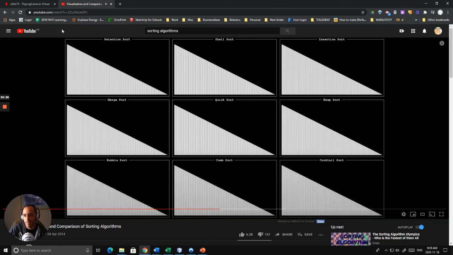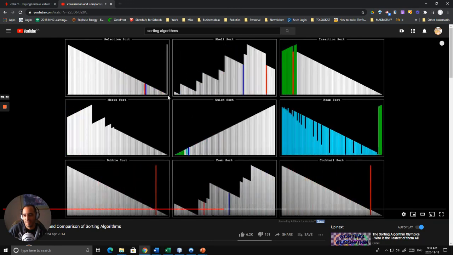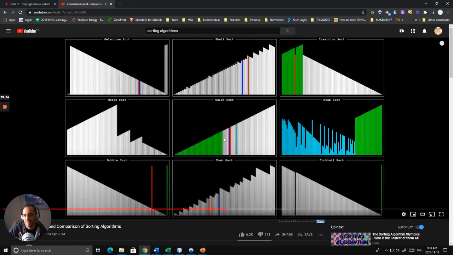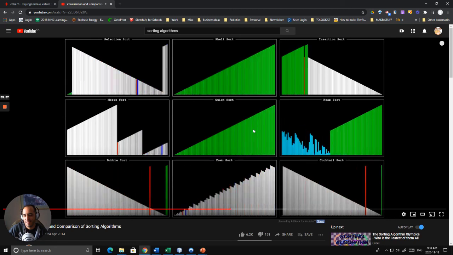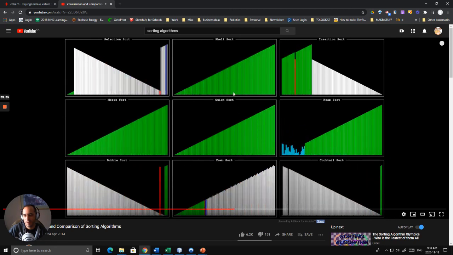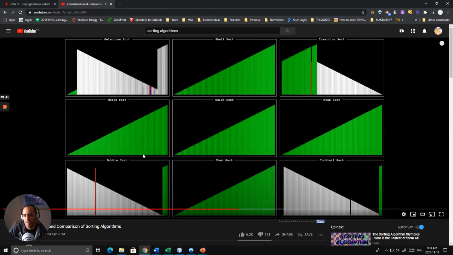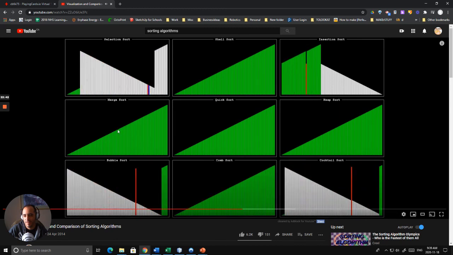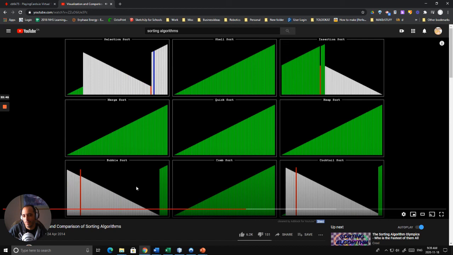Here's an example of the data being completely reversed. Quick sort, done. Shell sort, done. Merge sort, done. And these ones, oh my gosh, that looks painful.